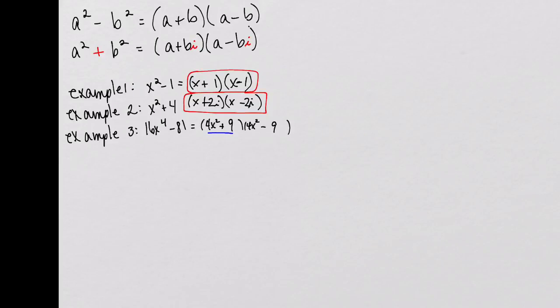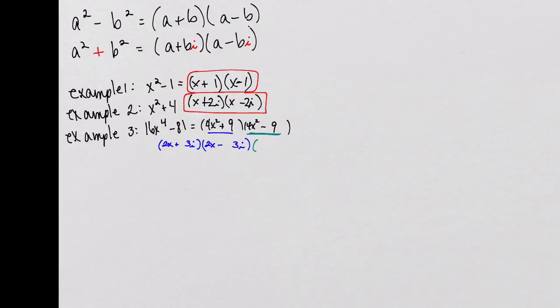That's going to give me, let's see, the square root of 4x squared is 2x. The square root of 9 is 3. This is the sum of squares, so I have to have the i. So those are now done. And then this one is the difference of squares.